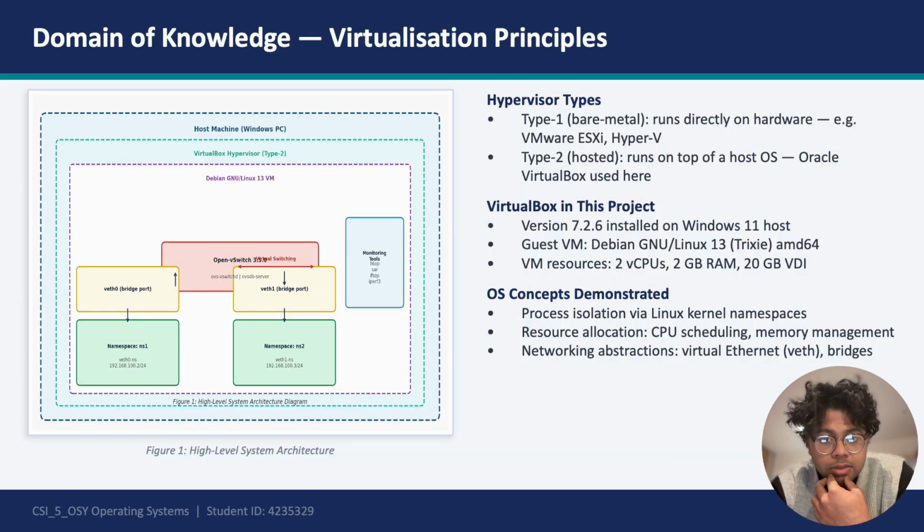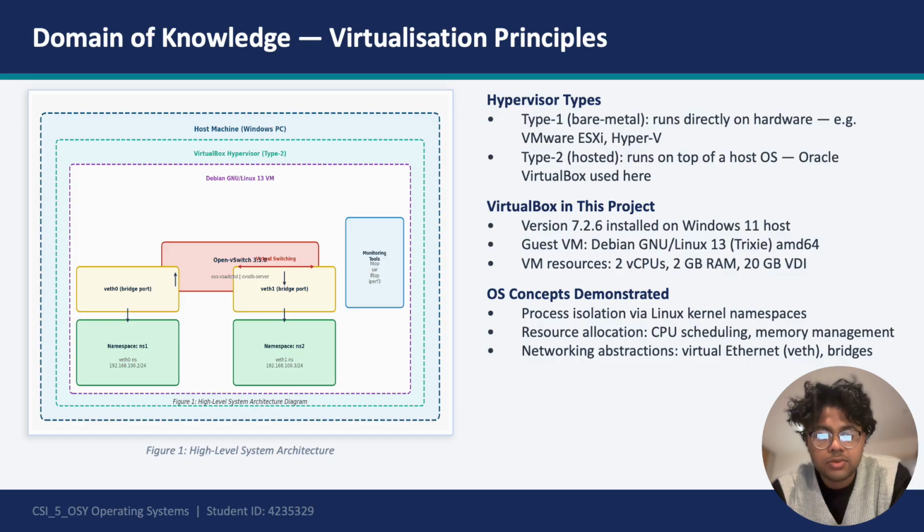So these slides introduce the theory of virtualization that underpins the entire project. A hypervisor is software that creates and manages virtual machines. There are two types. Type 1 hypervisors run directly on physical hardware and include products like VMware ESXi and Microsoft Hyper-V. Type 2 hypervisors, on the other hand, sit on top of an existing operating system.